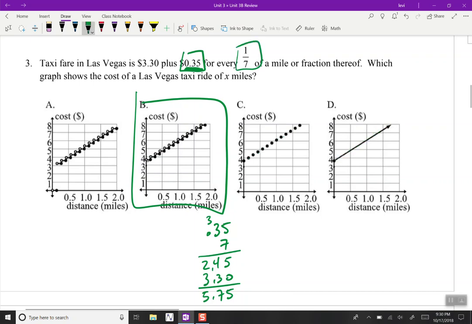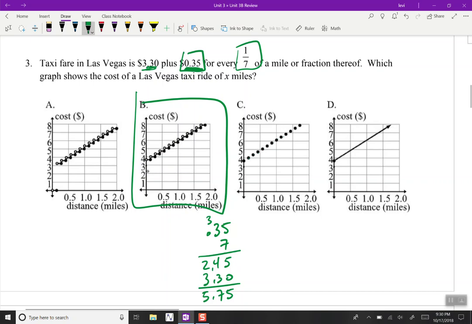Same thing with this one. So here we'd start off at, well, the first one would be 3.30, and then for that first seventh of a mile it should stay at 3.30, and then once we get to a seventh of a mile it should bump up.